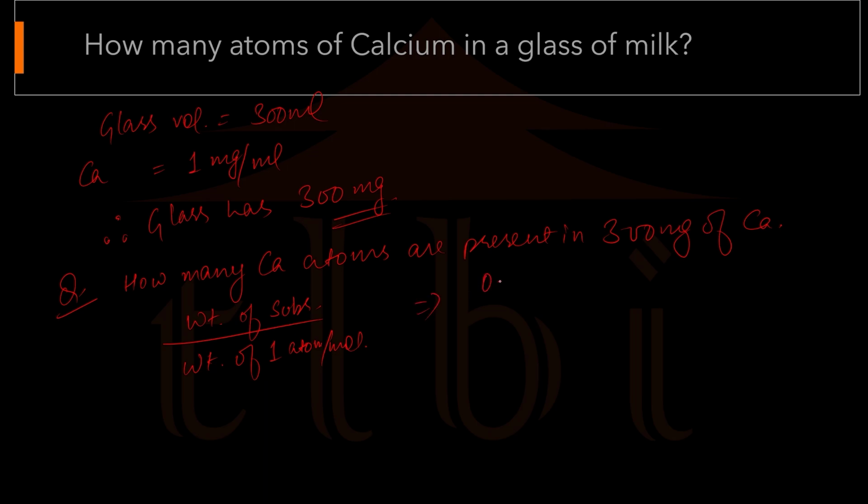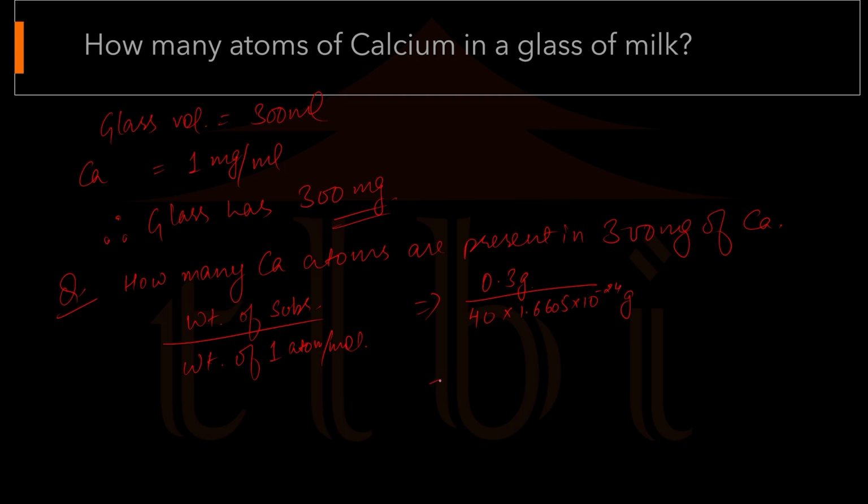So we'll take 0.3 grams, right, divided by 40, the atomic weight of calcium, right, and 1 AMU is equal to 1.6605 into 10 raised to power minus 24 grams.